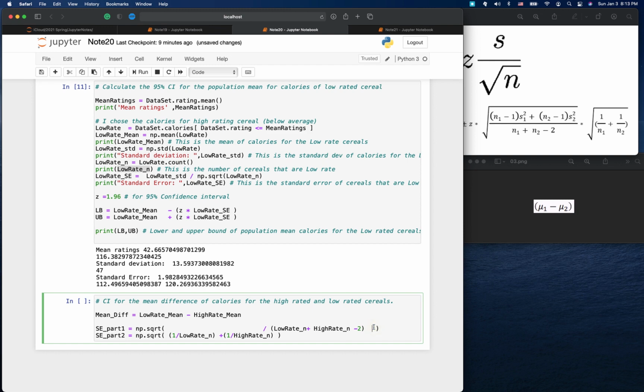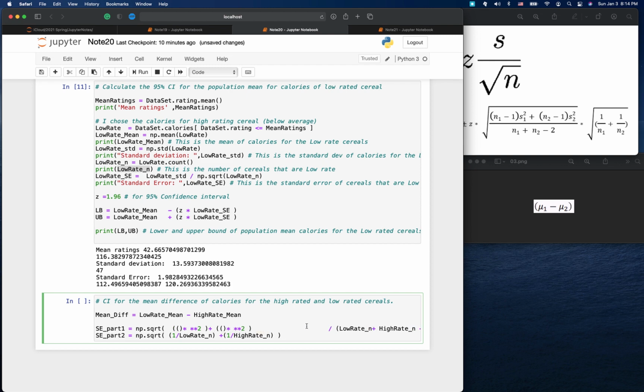So let me, okay. And then the numerator: I have n1 minus 1 multiplied by the standard deviation of 1 to the power 2, and then plus. I'm going to put this in a parenthesis and then show you I divided this into two parts.